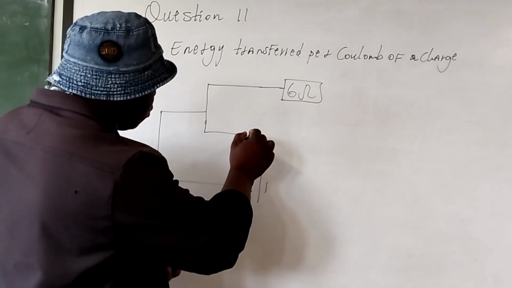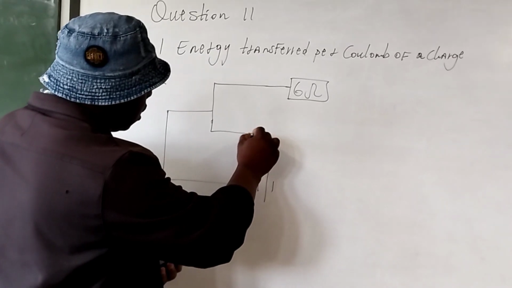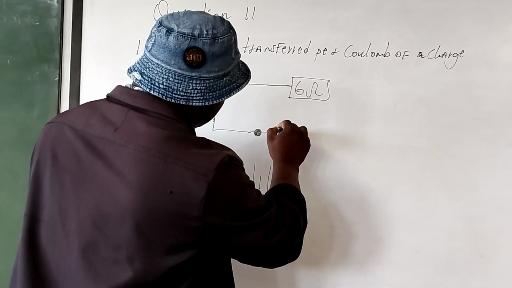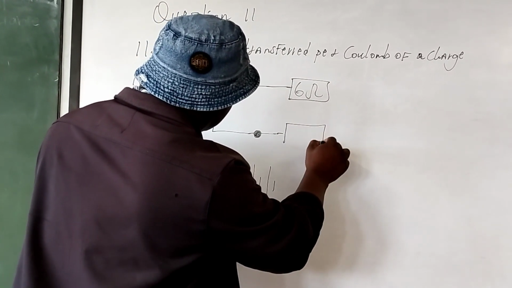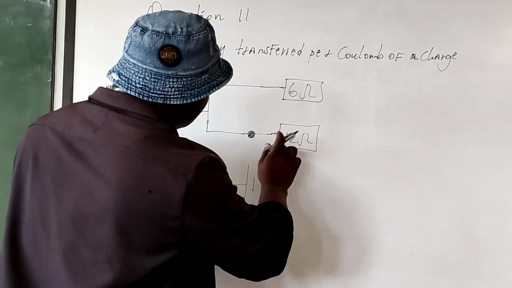And then there are 2 points here that are indicated, which appear black in color. And there is the second resistor of 12.